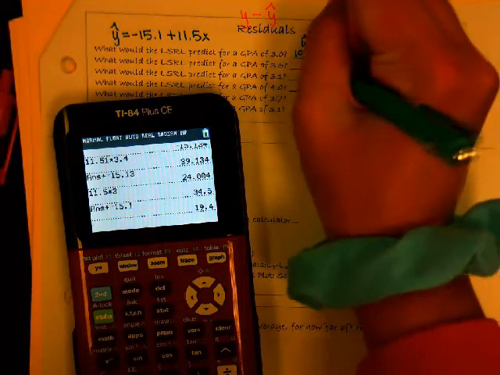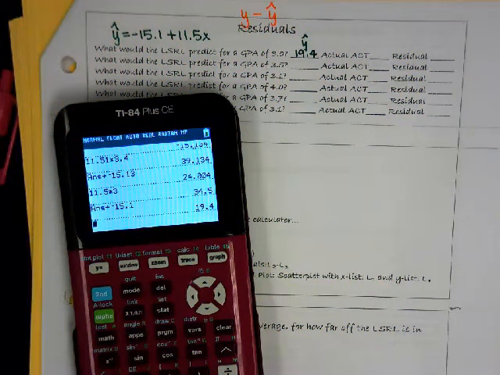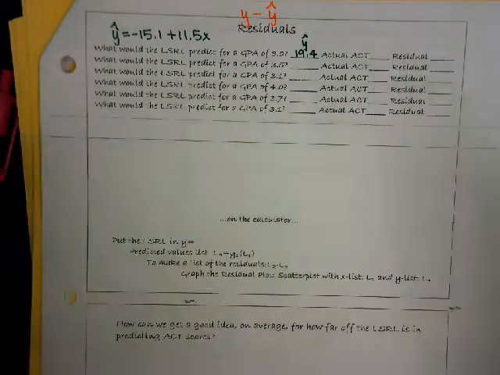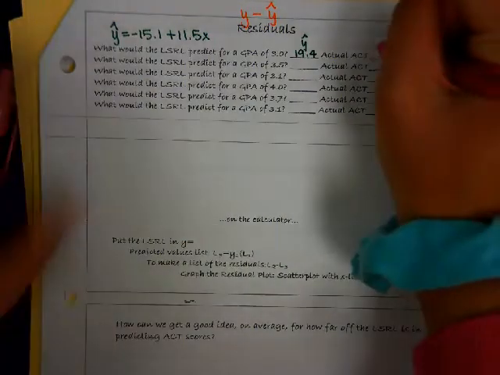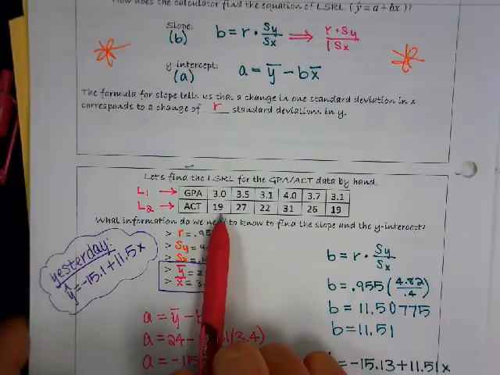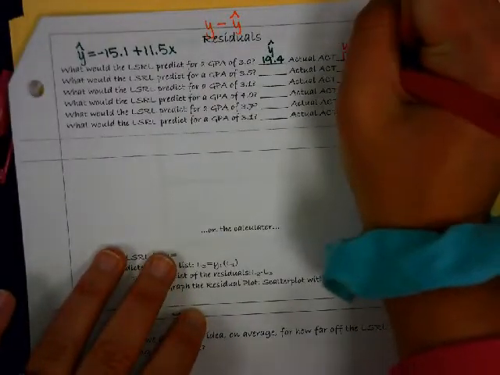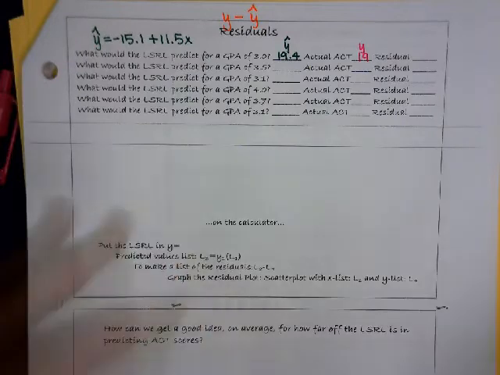Everybody good with how I got 19.4? Then the actual ACT score, which is our y's, back here if I flip over, this kid with the 3.0 had a 19. Residuals are your actual minus the predicted.